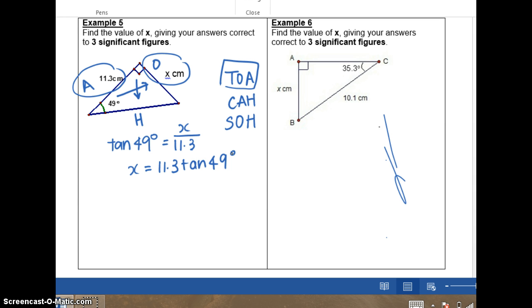Now, I want you to press the calculator, and you should be able to get 13.0 as your answer when rounded off to 3 sig fig. Since we are only finding the value, there shouldn't be any units in your final answer.